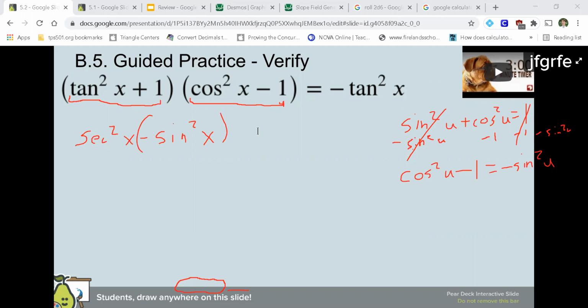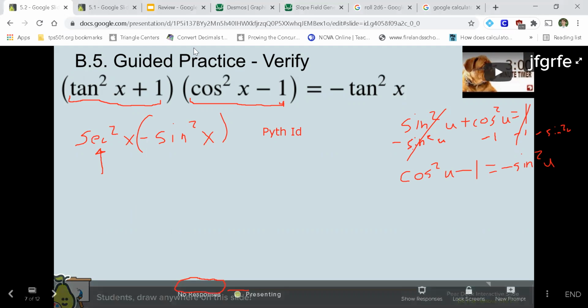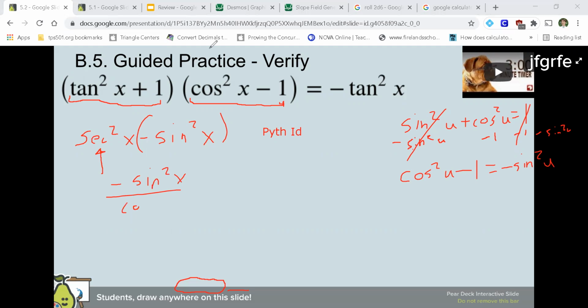What do you think we should do next? Get everything in terms of sine and cosine. Secant is 1 over cosine. So then this becomes negative sine squared over cosine squared.